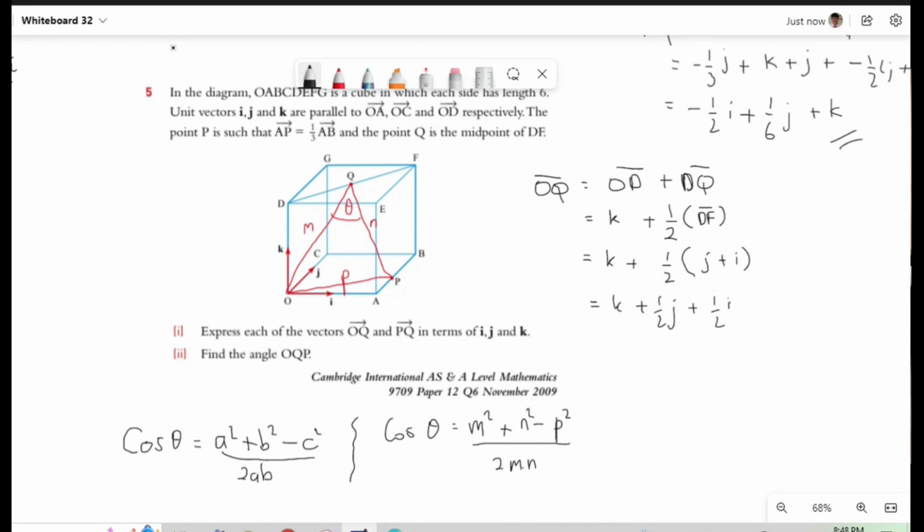And we can find the value of m, which is the magnitude of m or the vector OQ, by using the formula of magnitude of a vector.